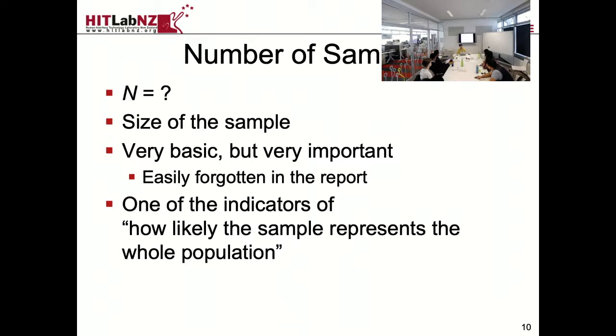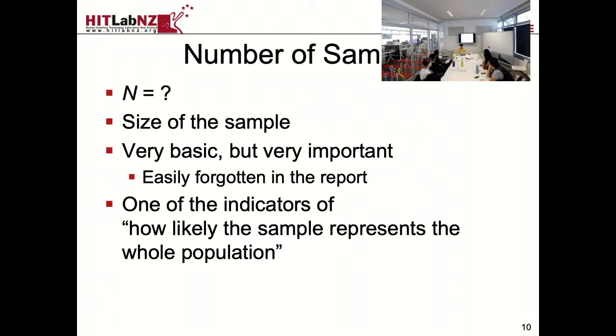I'm not sure it is enough. Or, okay, for this study, I will have 100 participants. I'm not sure that is a sufficient number or not. So the power analysis will give us some suggestion regarding the number of samples for your study. So I'm going to talk about that one 2 weeks later.